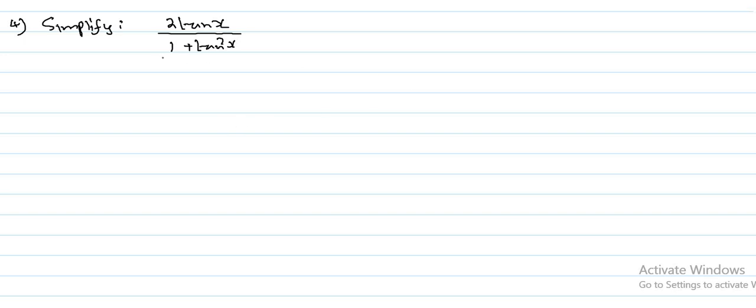But before, remember the identity: cos squared theta plus sine squared theta equals 1. I see that 1 plus tan squared theta can be expressed in terms of one of the identities. Which identity are we going to talk about?